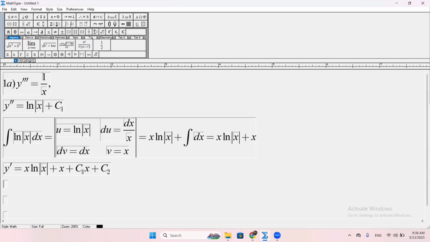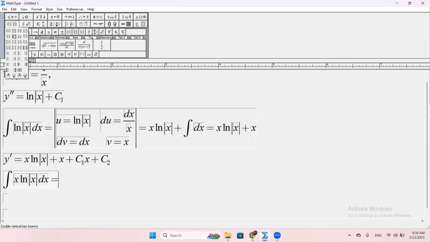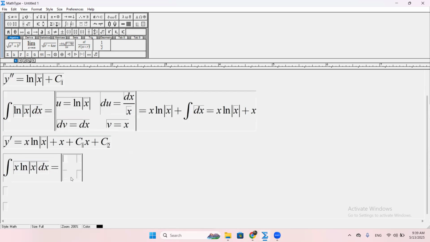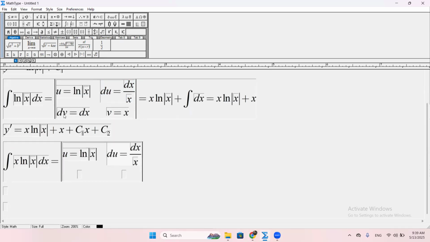And now we need to integrate this differential equation once more. So which integral is most interesting for us? Actually, this integral. So we will integrate x logarithm of x. So u equals, the same actually, logarithm of module x, du equals dx over x.